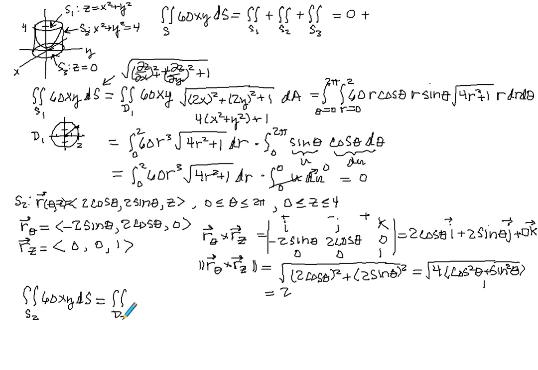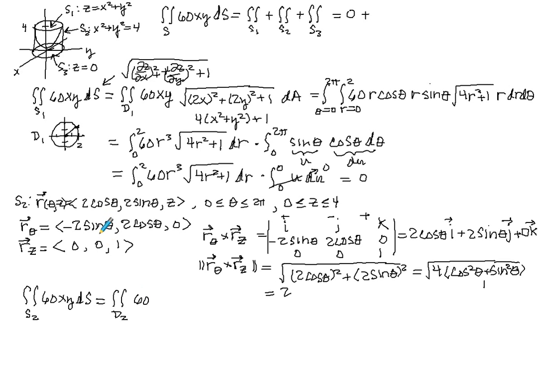It's going to be the integral over the domain D2, which is actually the same domain, because theta between 0 and 2 pi restricts our x and y coordinates inside that same domain. It looks like this. So D2, and then this is going to be 60xy.